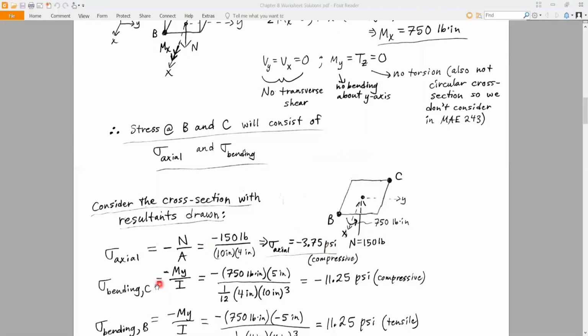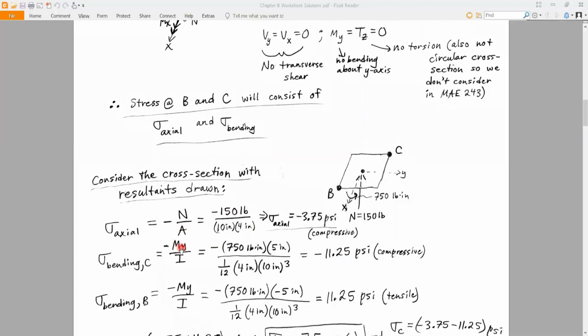Now, at point C, the bending due to this moment about the x-axis is going to be our flexure formula, negative My over I. And here we need to consider in what way are we getting rotation about that x-axis.